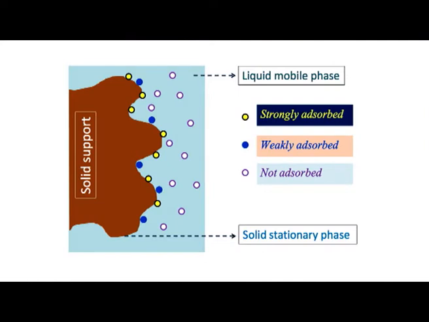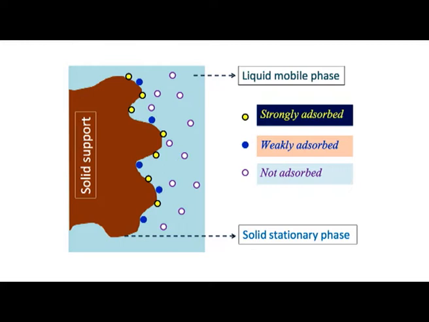Therefore, in adsorption chromatography, the component most strongly adsorbed to the stationary phase emerges out of the column last. Those not adsorbed will come out first. Those with intermediate interaction, weakly adsorbed or more adsorbed, will elute in between.